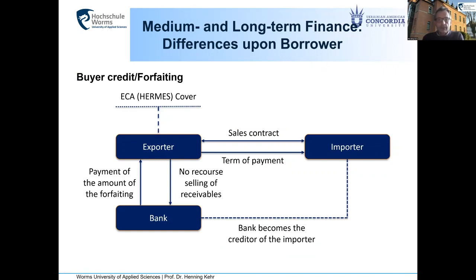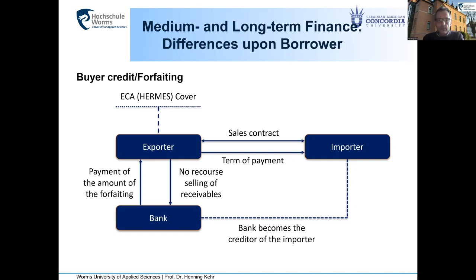Here are some examples of how to finance and how to secure the payment. Here I'm focusing on the German Export Credit Agency. The abbreviation is ECA, and the German one is Hermes.